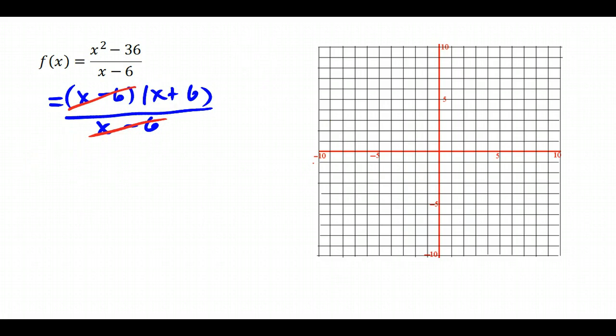So I'm just going to graph the line y equals x plus 6. So that's right here. And I've got a hole there. And that's what that rational function looks like.